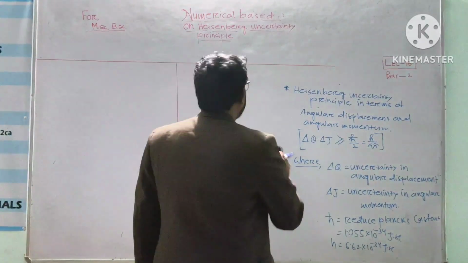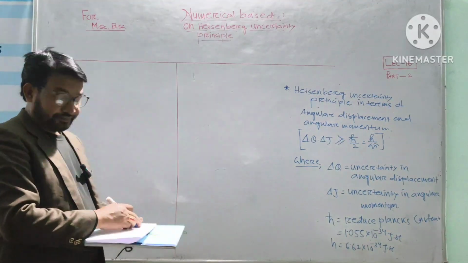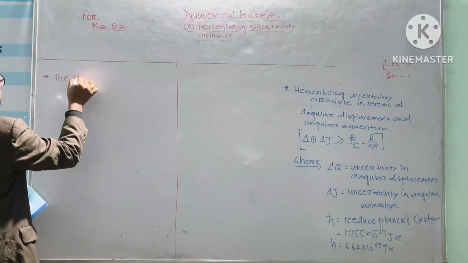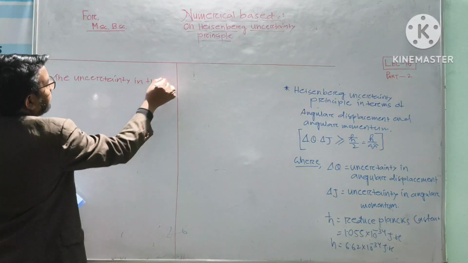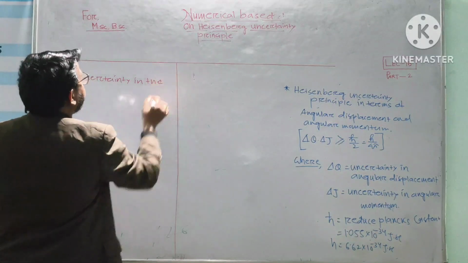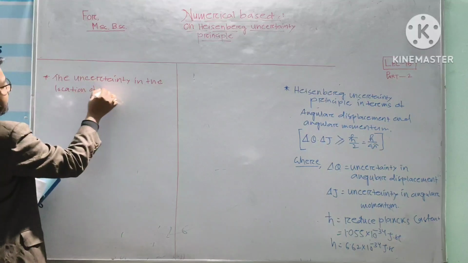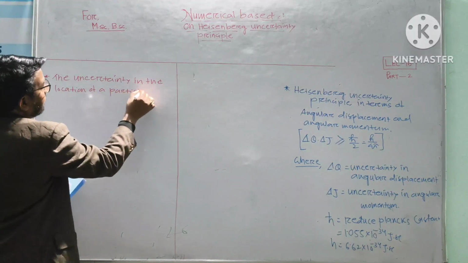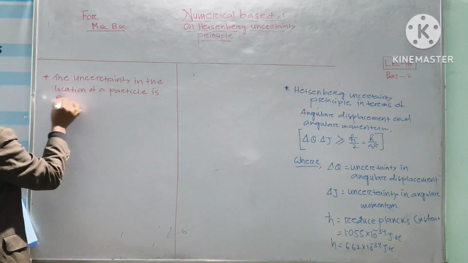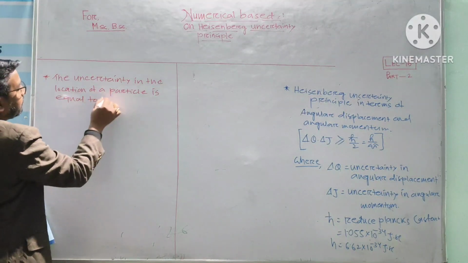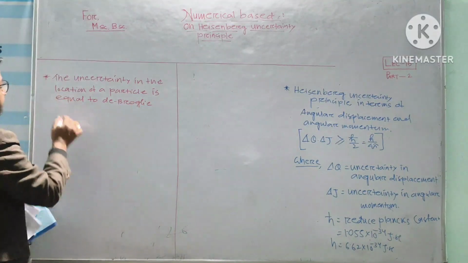Our first numerical problem is: the uncertainty in the location of a particle is equal to the de Broglie wavelength.